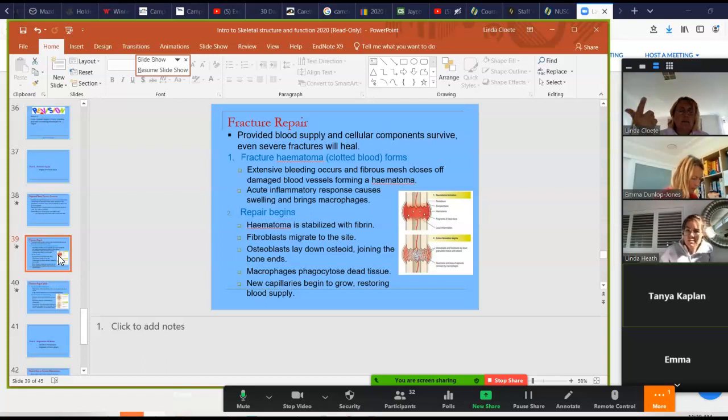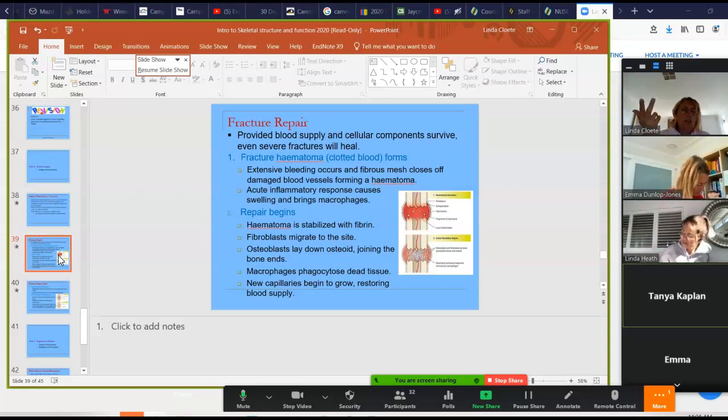So you have hemostasis and inflammation, and the inflammation increases the amount of macrophages in there, and in wounds it increases the amount of fibroblasts. Fibroblasts in bone is going to increase the amount of osteoblasts to the area. So fibroblasts migrate to the area just like in another wound, and that restores the connective tissues, and the osteoblasts start laying down the bone.